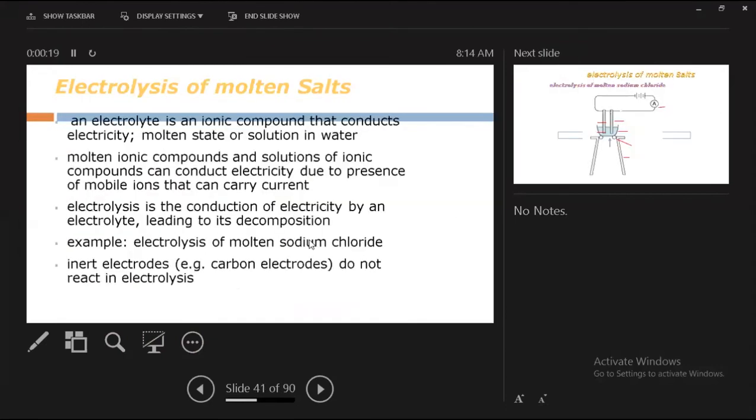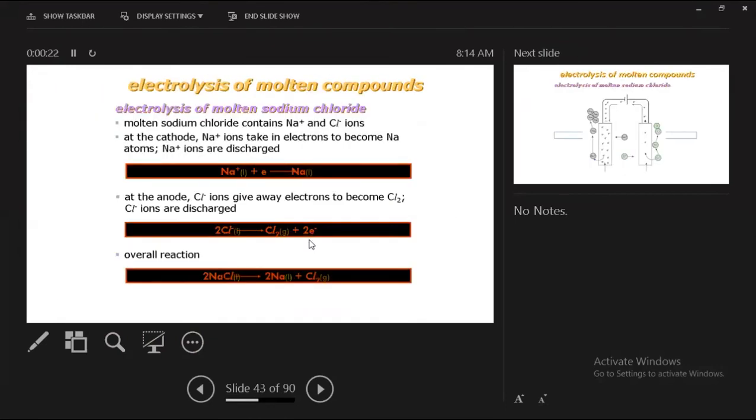My apologies. By now you must know how to write half equations. You should see that both half equations should begin with the ion. So the Na+ goes to the cathode, and the process of reduction occurs at the cathode.